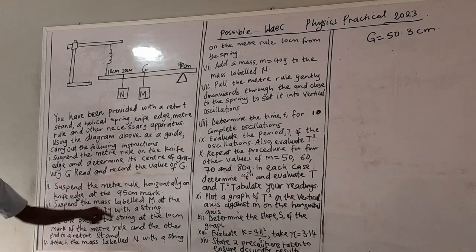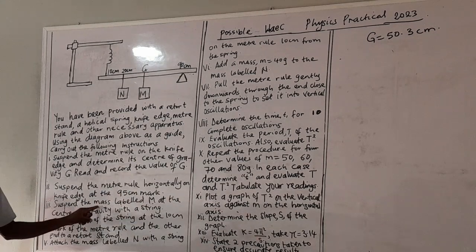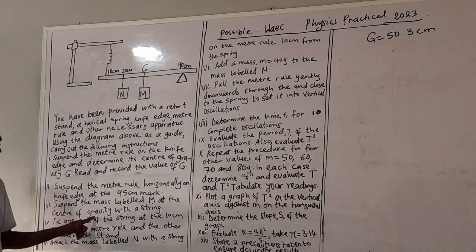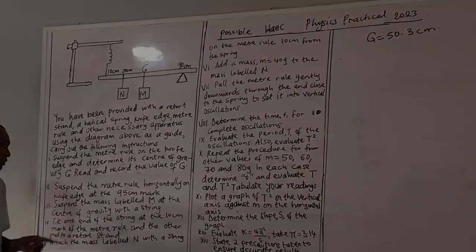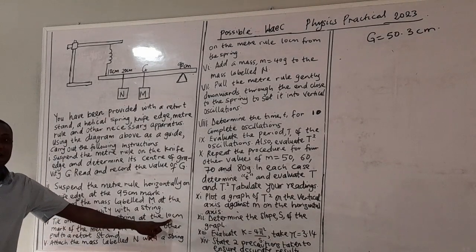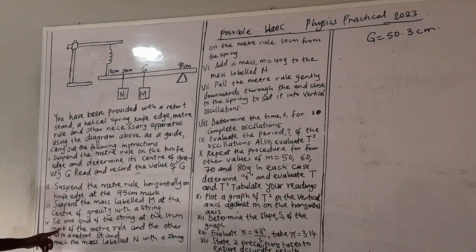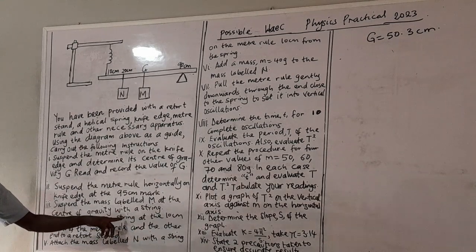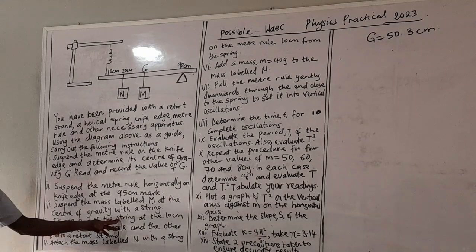So we'll note that down. Then we suspend the mass labeled M at the center of gravity with a string. 4. Tie one end of the string at the 10 cm mark of the meter rule. So I'm going to tie one end of the spring with a string.